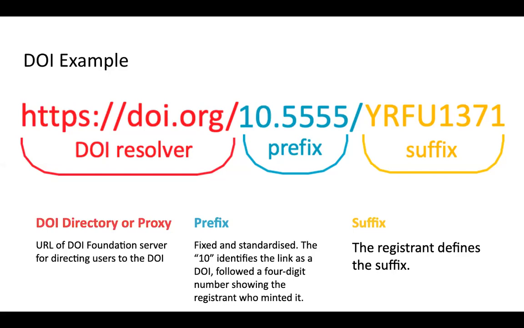And this is decided and assigned by the member. So the registrant defines the suffix, and this can be almost any string. And this provides the flexibility if needed for when, say, migrating existing identifiers to a DOI system. So the prefix and the suffix really make the bulk of the DOI, and then the DOI resolver forms this actionable link.